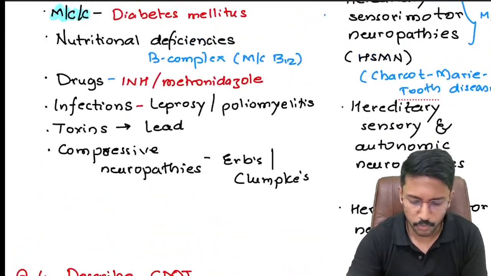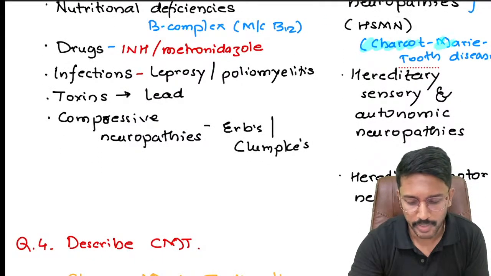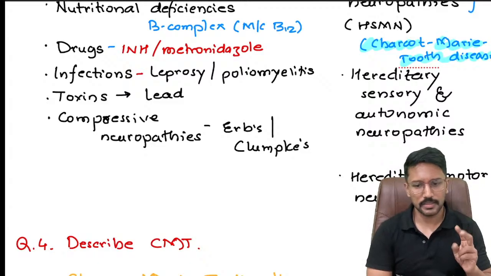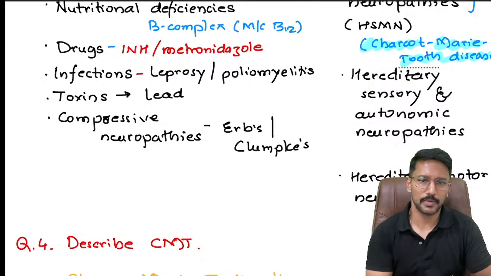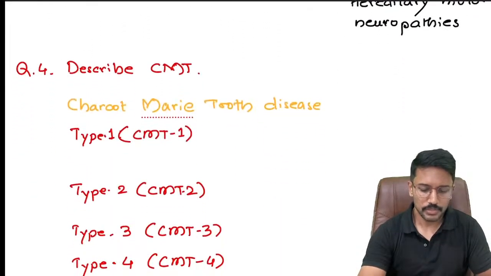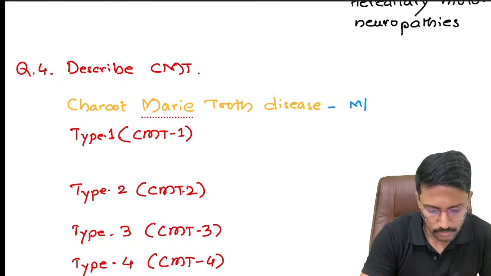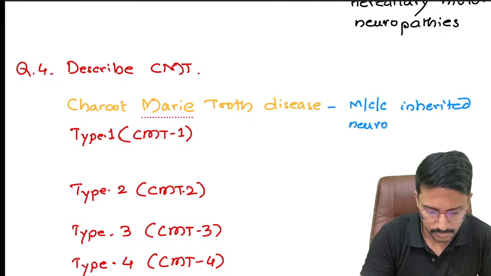Okay, so we will focus on what is important from the exam perspective, that is Charcot-Marie-Tooth disease. Two possibilities here. One, MCQs are possible, and sometimes for a 3 mark or 5 mark question, they will ask you to write a few points about Charcot-Marie-Tooth disease. So Charcot-Marie-Tooth disease is the most common cause of inherited neuropathies.